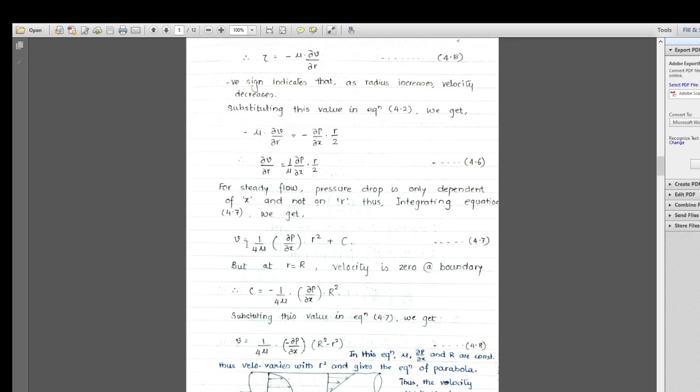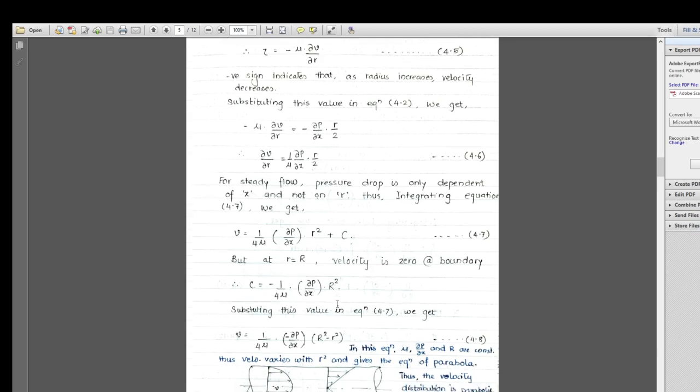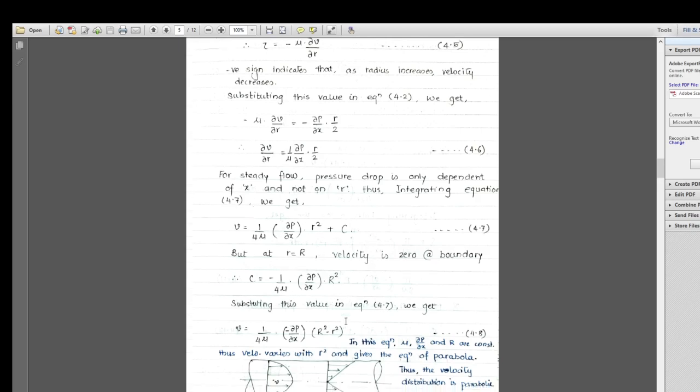Velocity will be 0 is equal to 1 by 4 mu delta p by delta x into R square plus c, so the value of c will be minus 1 by 4 mu into delta p by delta x into R square. Now substituting this value of c in equation 4.7, we will get v is equal to 1 by 4 mu into minus delta p by delta x into R square minus small r square.